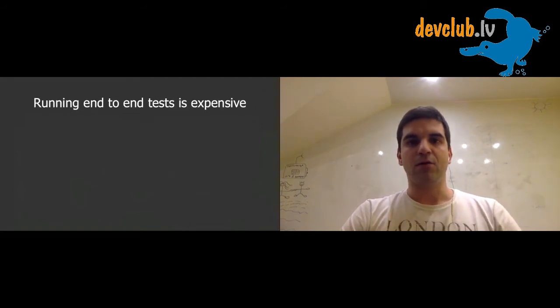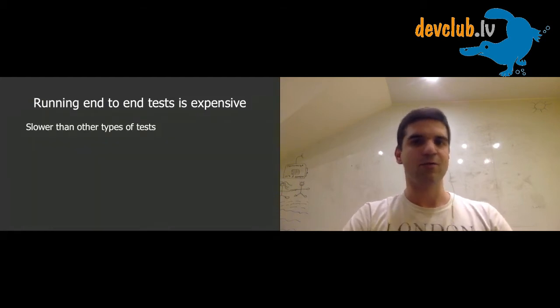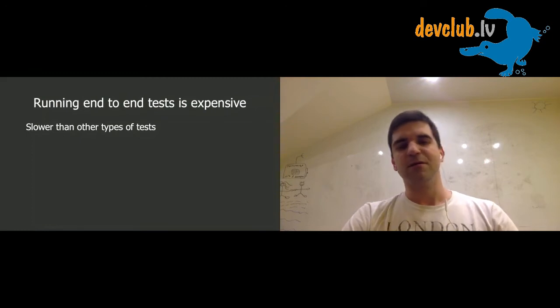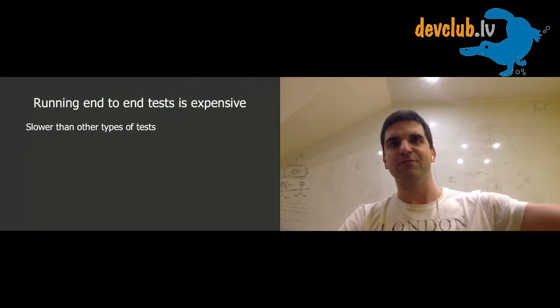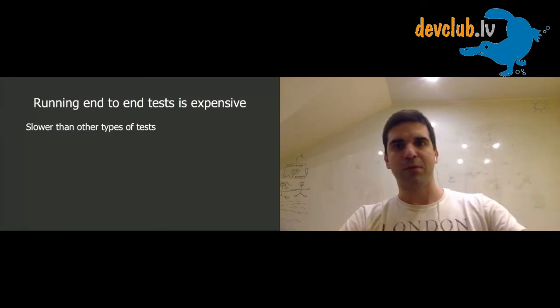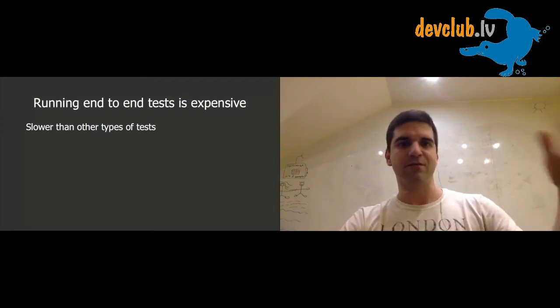However, running such end-to-end tests is a very expensive stuff. So first of all, such tests are usually slower than other types of tests. For example, slower than unit tests, and we've now seen a real example that 900 end-to-end tests can run like 10 times slower than 9,000 unit tests.